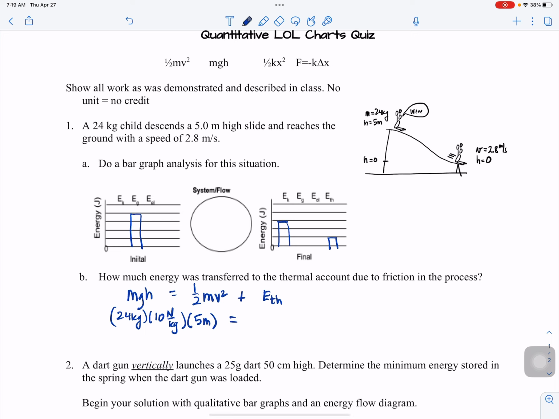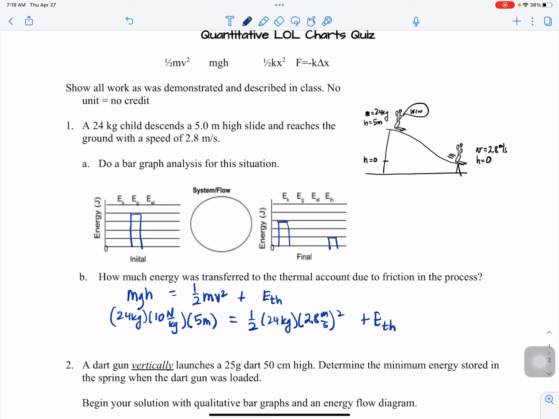On the right, we've got 1/2 M. What is M? Still 24 kilograms. What is V? 2.8 meters per second. And I need to remember to square it. And then ETH is what we're looking for. I don't know what it is. That would earn you a 2nd point.